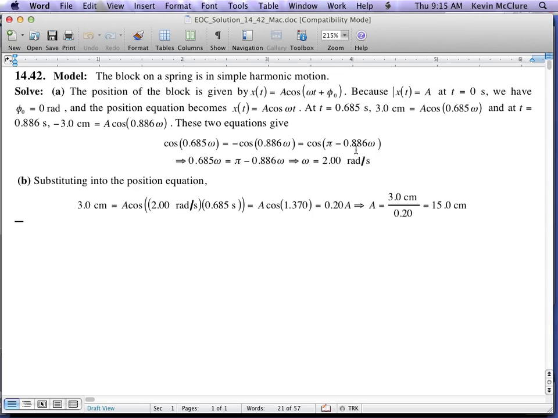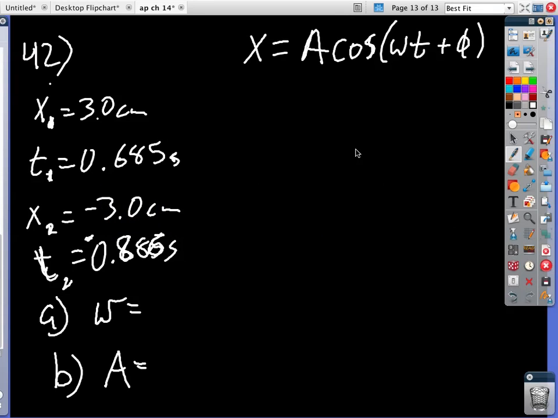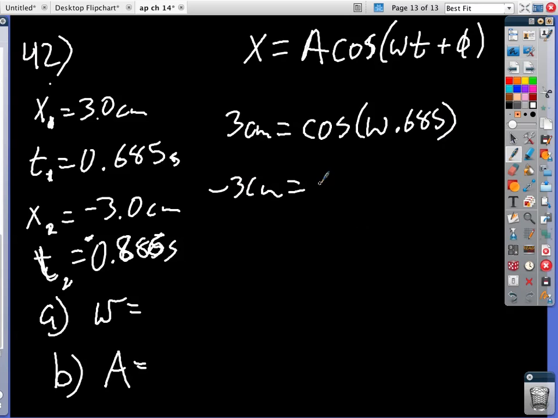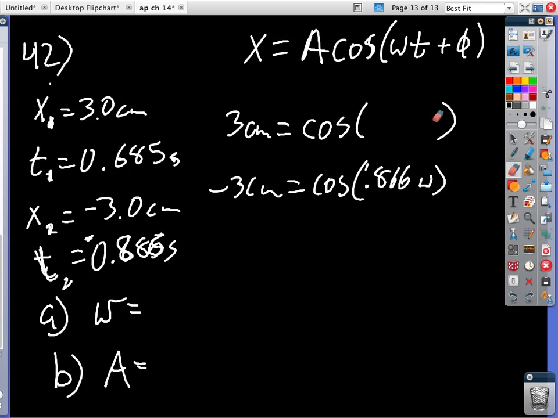Well, okay. Rather than trying to figure out what they did, how would we solve it if we did it? If we did the 3 centimeters equals A cosine omega times 0.685, and then you have the negative 3 centimeters equals A cosine of 0.886 omega.